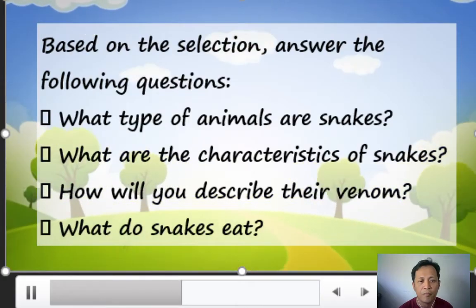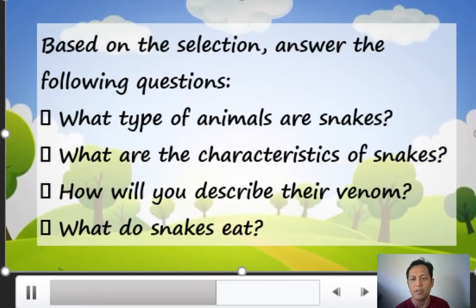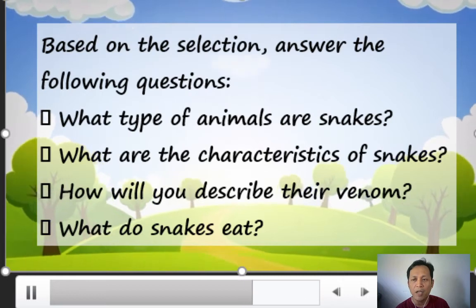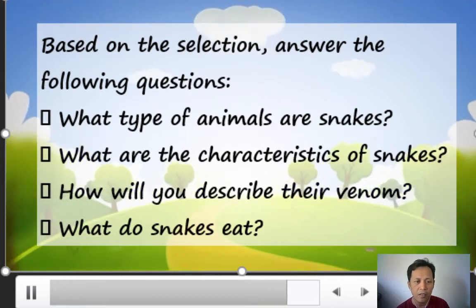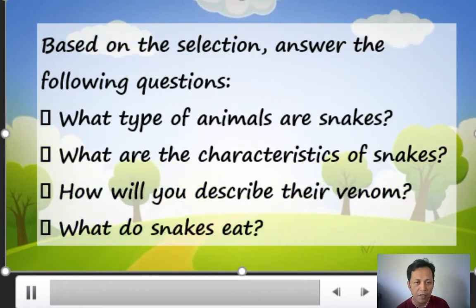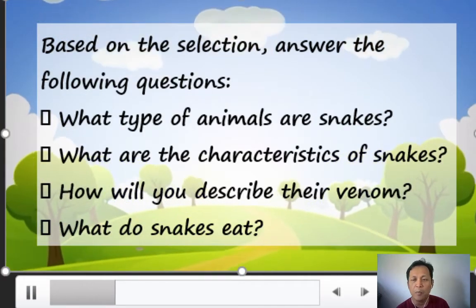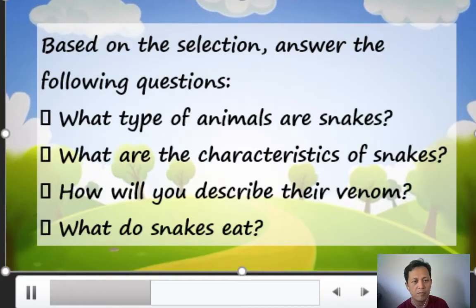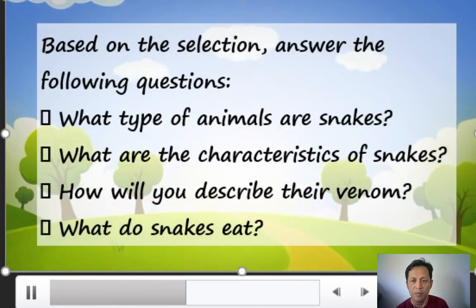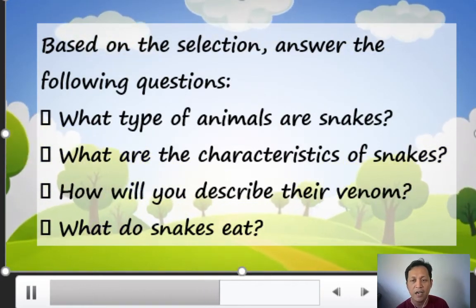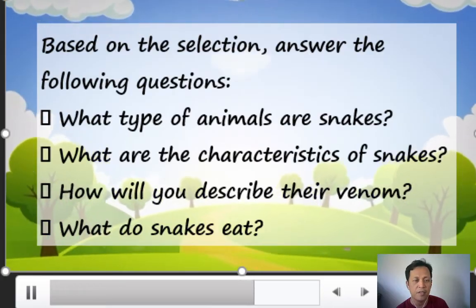Number one, or the first question, what type of animals are snakes? Again, what type of animals are snakes? Or, snakes are what type of animals? Question number two, what are the characteristics of snakes?